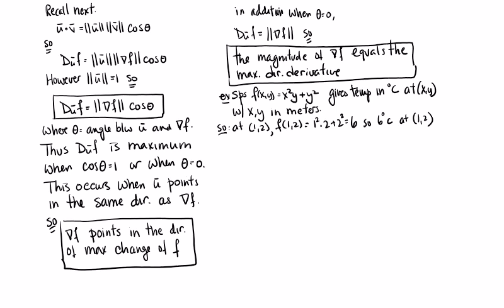Then suppose you're at 1, 2 and you want the temperature to increase as much as possible. Which way do you go? At 1, 2, in which direction does the temperature increase most rapidly?